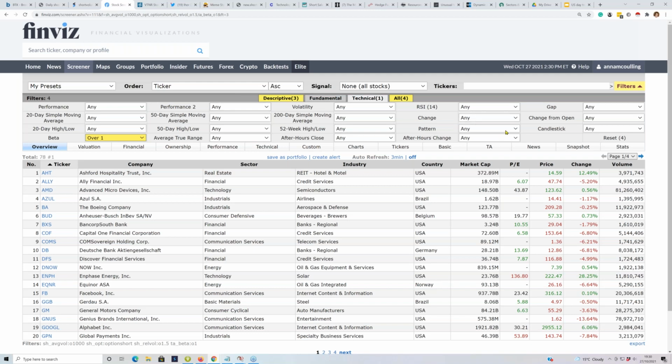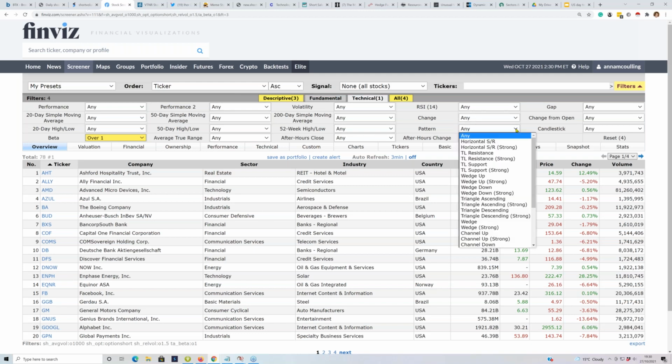Now, the other thing it has here as well is the patterns. I've decided I'm actually going to pay for the elite service, because I just get a lot more than the free. But when you start, the free is fine.